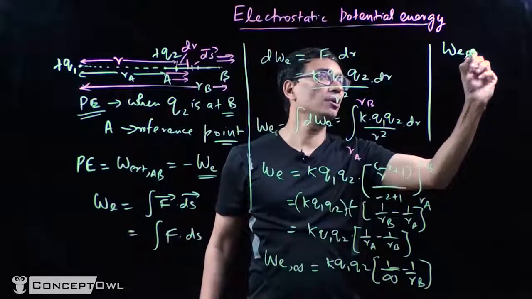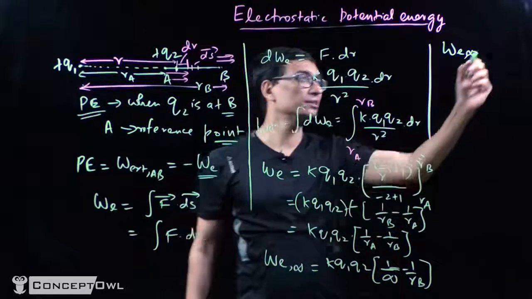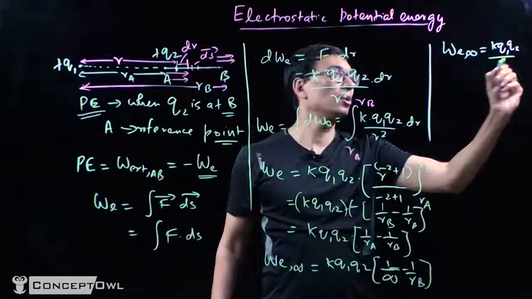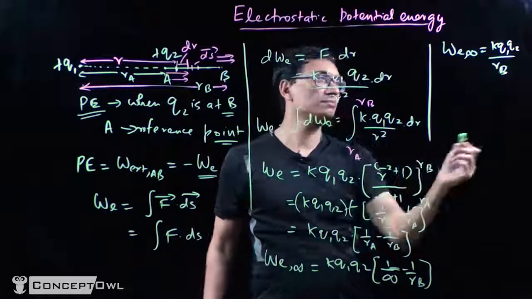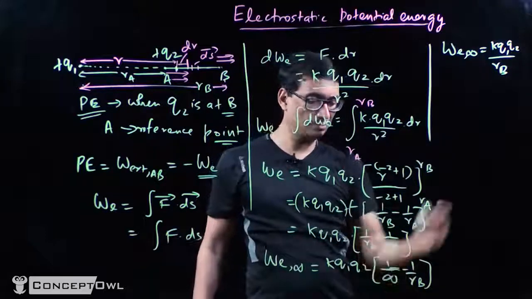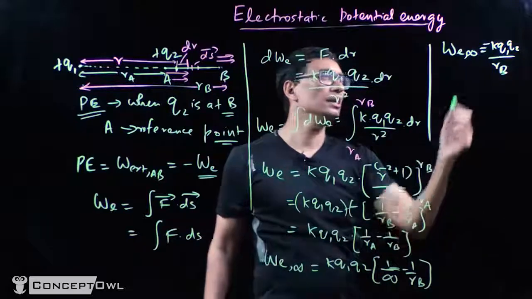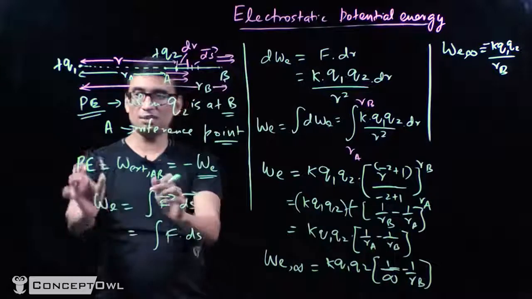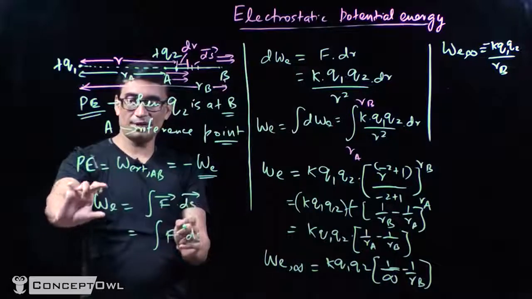So now I get that the electrostatic work done, for infinity as a reference point, is nothing but K Q1 Q2 upon RB, with a minus sign, and there's a minus sign here, minus. And what is my potential energy? Potential energy is nothing but the negative of the work done.